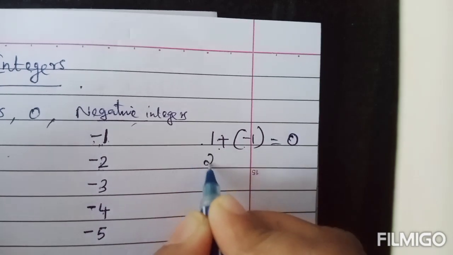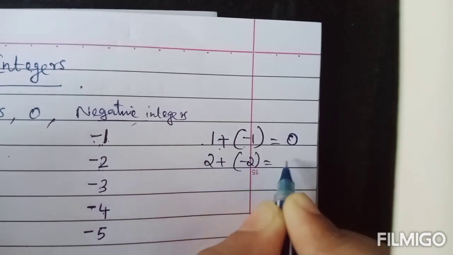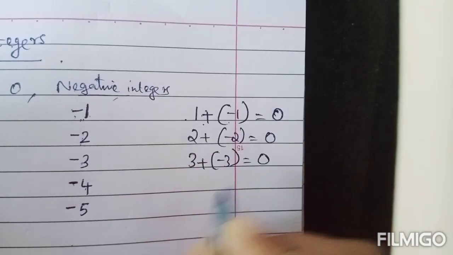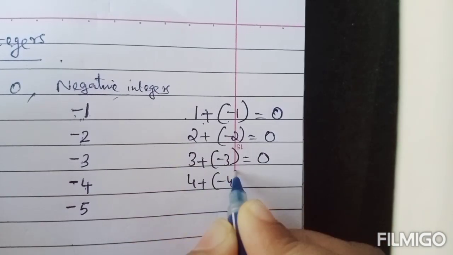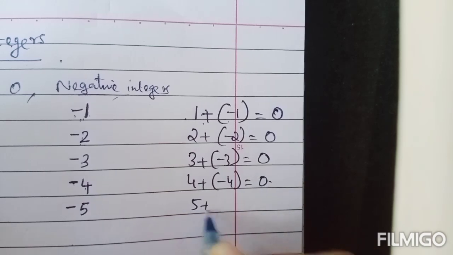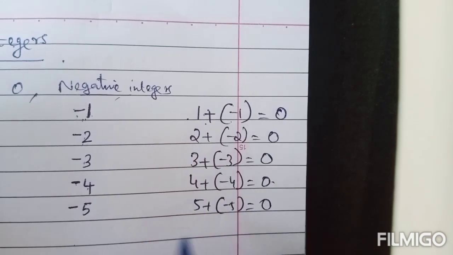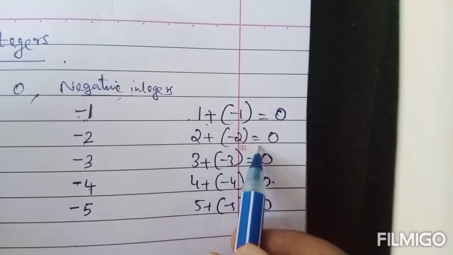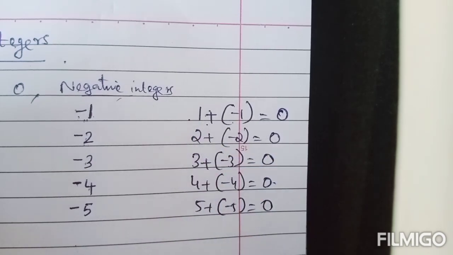Similarly, 2 plus minus 2 is 0. 3 plus minus 3 is 0. 4 plus minus 4 is 0. 5 plus minus 5 is 0. Any positive number plus its negative number, you will get 0 as answer.